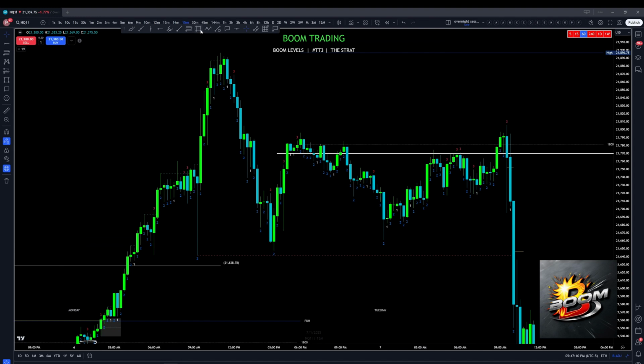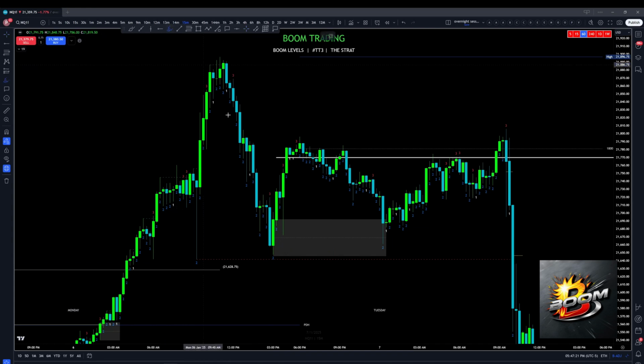They traded down to what we know and love as the origin of the move. So for those that don't understand what I mean by the origin, this low is responsible for this high. So we know that to move this market up, there had to be some pretty intense orders in here, some pretty big money.